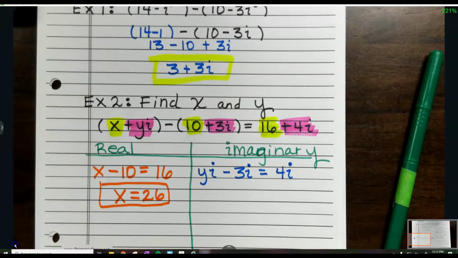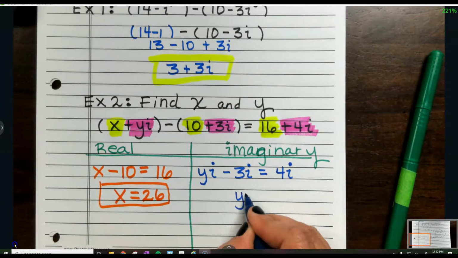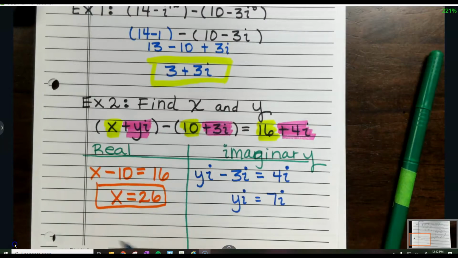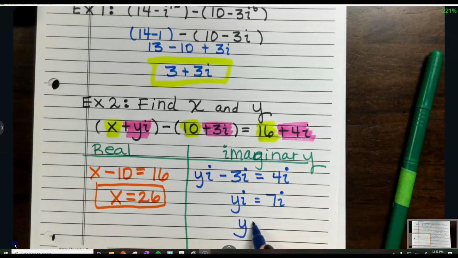So what minus 3 is 4? Good. So yi equals 7i, but we just want to know what y is. Just 7, that's right. Remember, the instructions were just find x and y. So y is just 7.